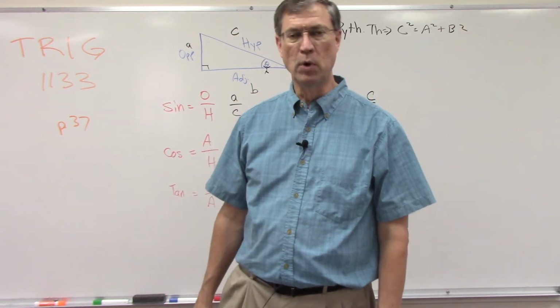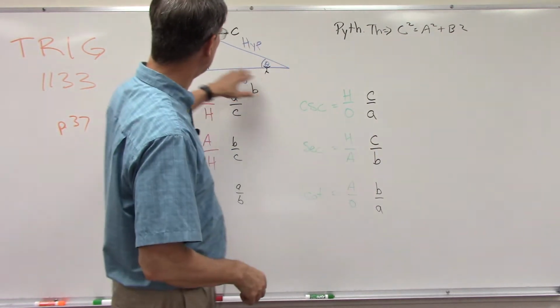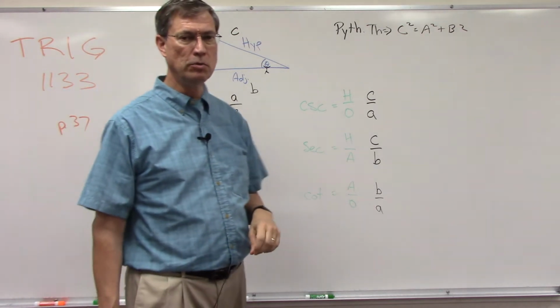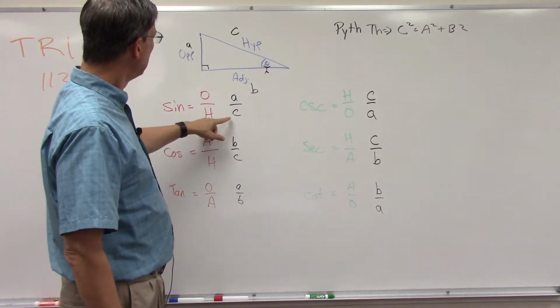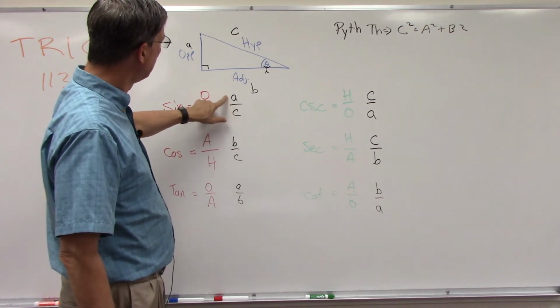It's making the point, and it's a logical point, that in any right triangle, the longest side is always going to be the hypotenuse, C. So, if that's true, then this number is always going to be bigger than this.